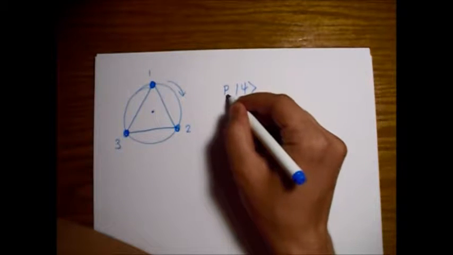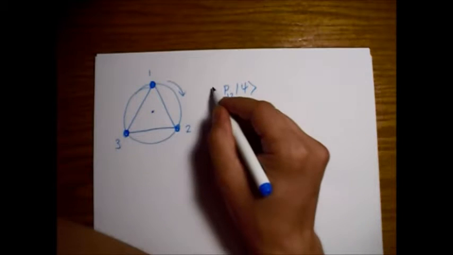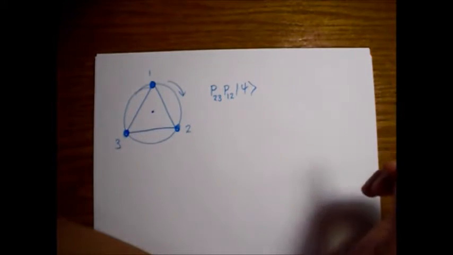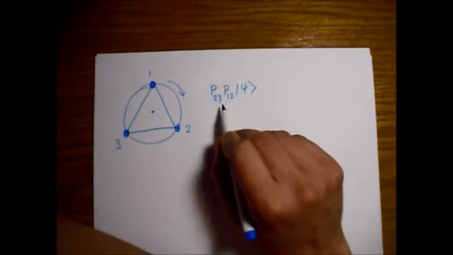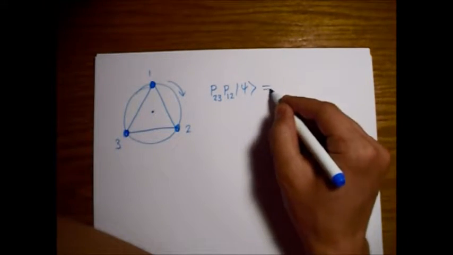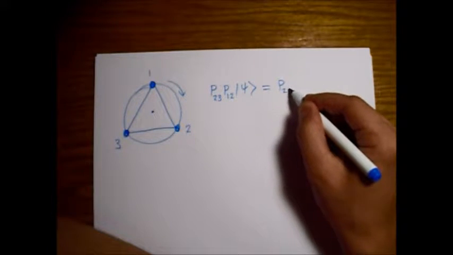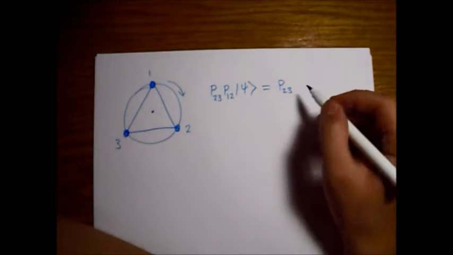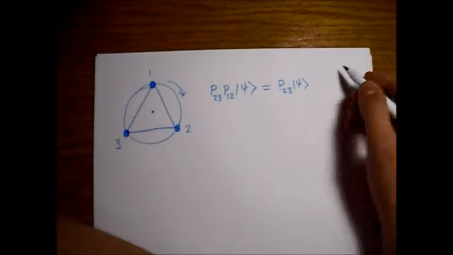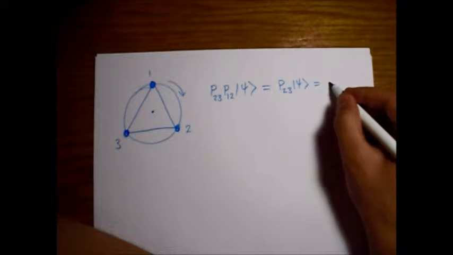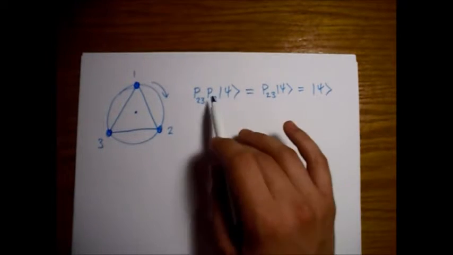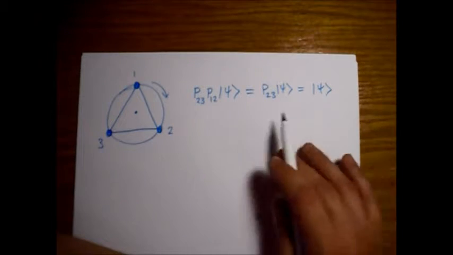Let's exchange particles 1 and 2, and then exchange particles 2 and 3. For bosons, this permutation operator has an eigenvalue of just 1, so this is equal to exchanging just particles 2 and 3, or basically just the original ket. As each of these acts on this ket, we just get an eigenvalue of 1.